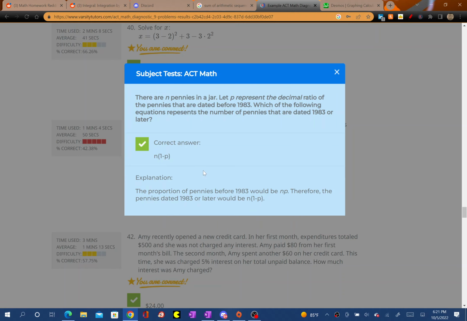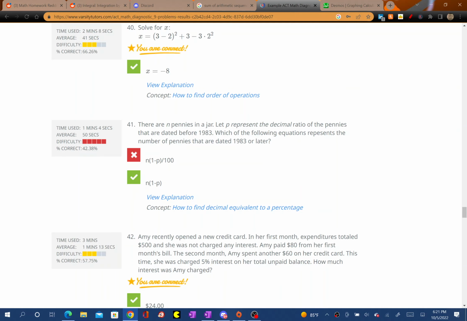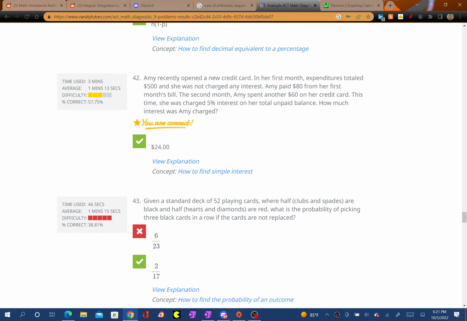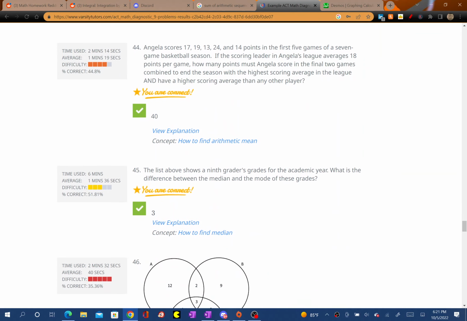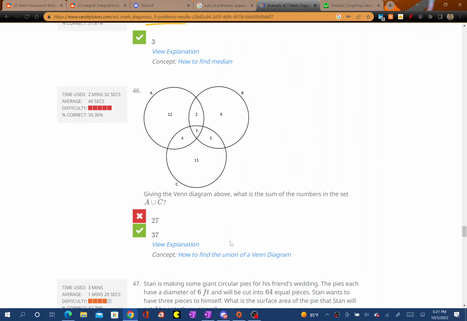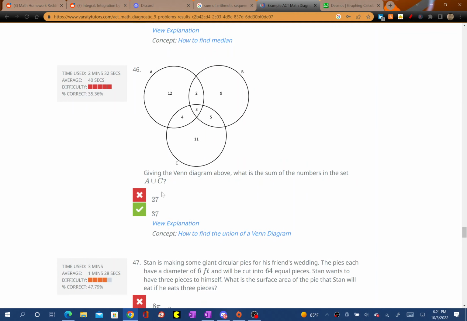This one, the proportion of pennies before 1983 would be NP, therefore the pennies dated 1983 or later would be N times 1 minus P. Okay. Given a standard deck of... Okay. I could have sworn I got this one right.